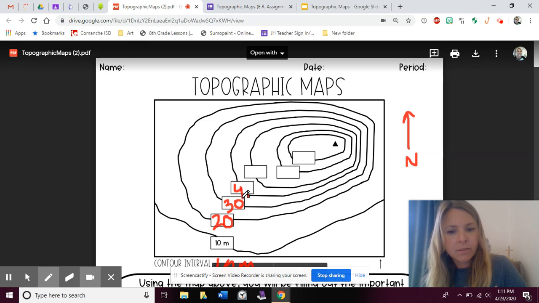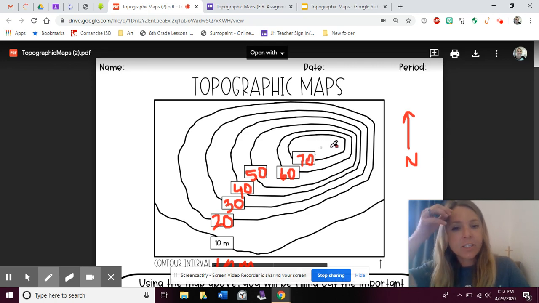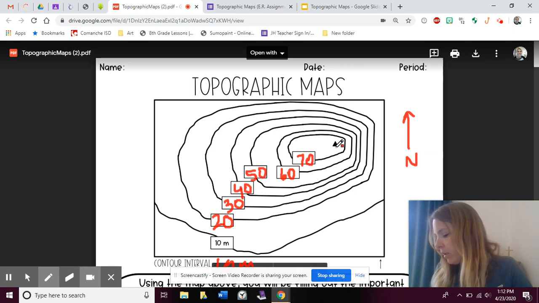And counting by tens. This is pretty sloppy, sorry. And then up to 60 meters in elevation. And then finally, our last contour line ends at 70 meters in elevation. That means the top of our mountain is somewhere between, less than 80 meters in elevation. This means the peak of our mountain right here, that triangle.